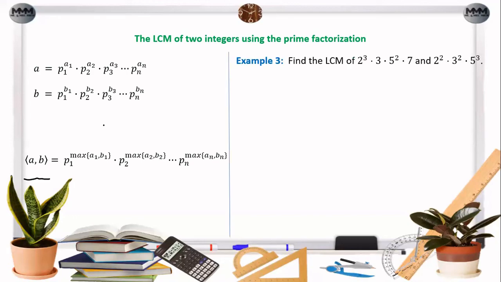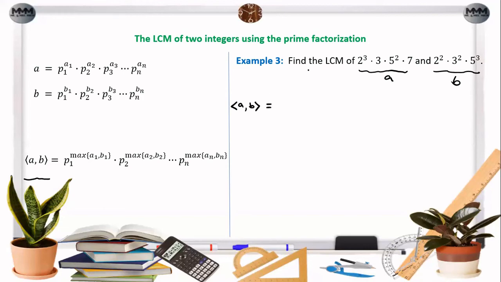Now, let's have an example here. We are to find the LCM of these integers. For these integers, we'll let this be our A. This is our B. Follow? Now, to find the LCM, we have this notation for the LCM.